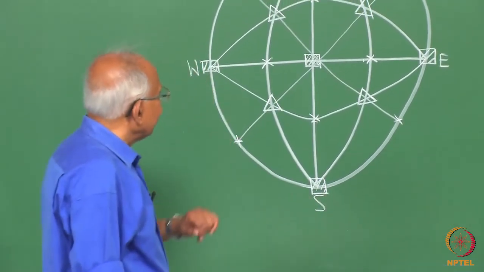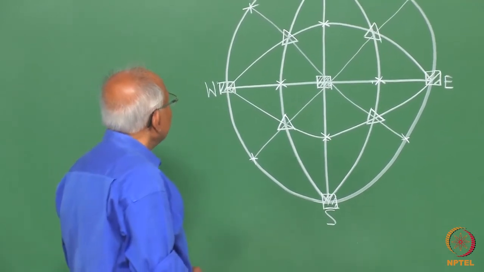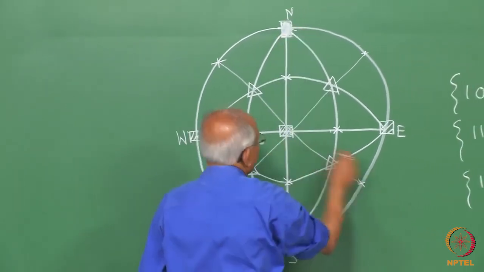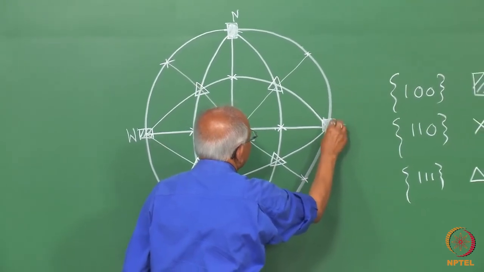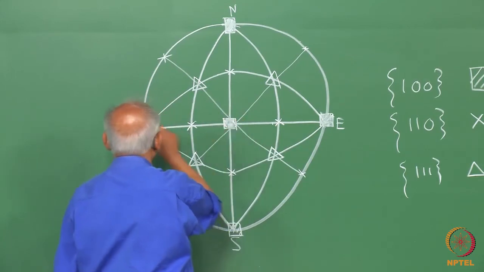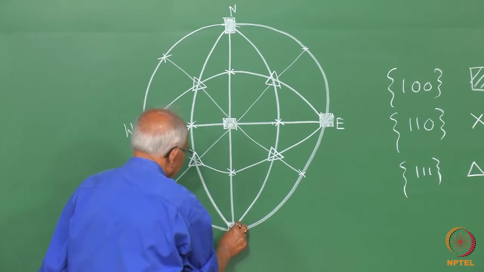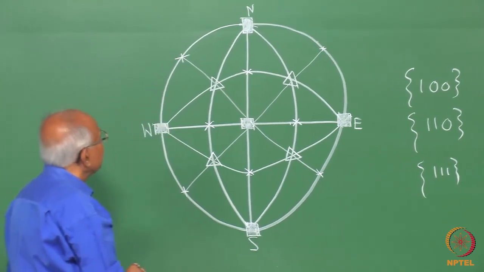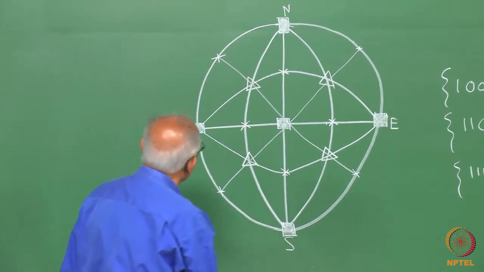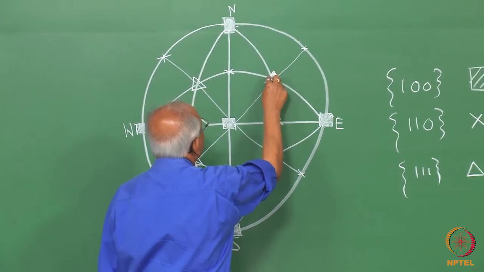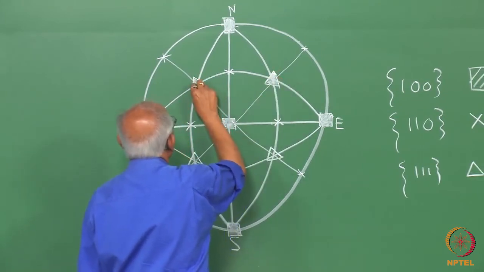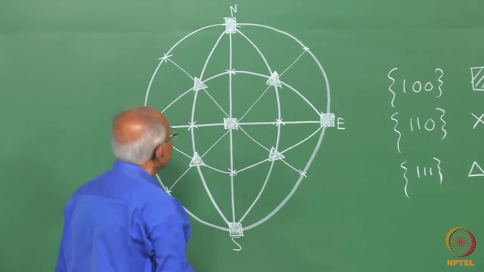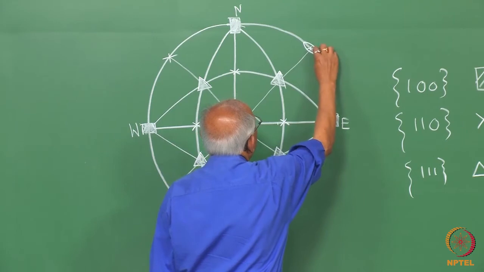That means, if we draw a stereographic projection, all the 4-fold rotors will lie in these positions, then all the threefold rotors will lie at this position, and all the 2-fold rotors will lie in these positions.